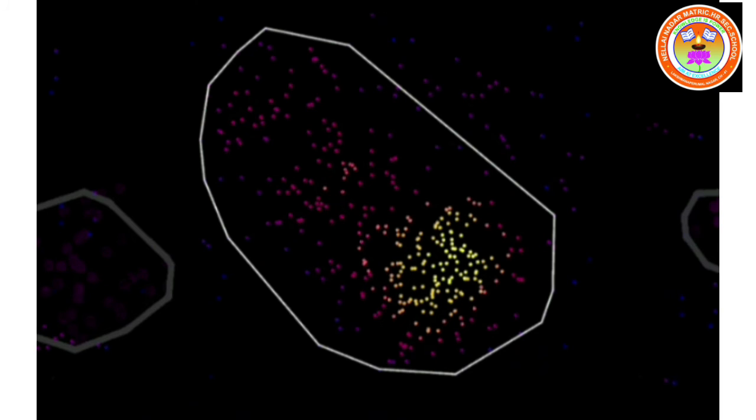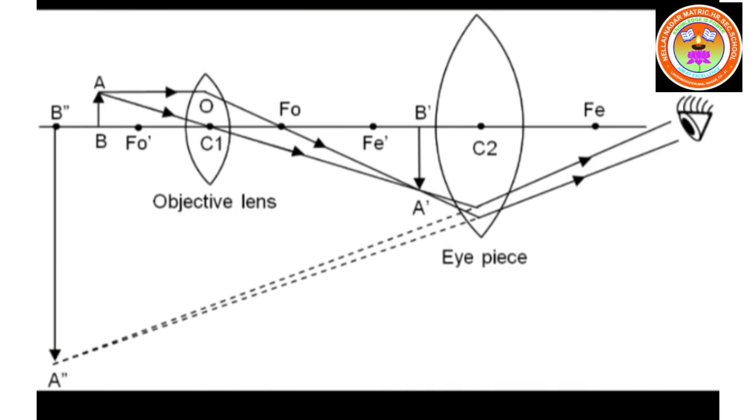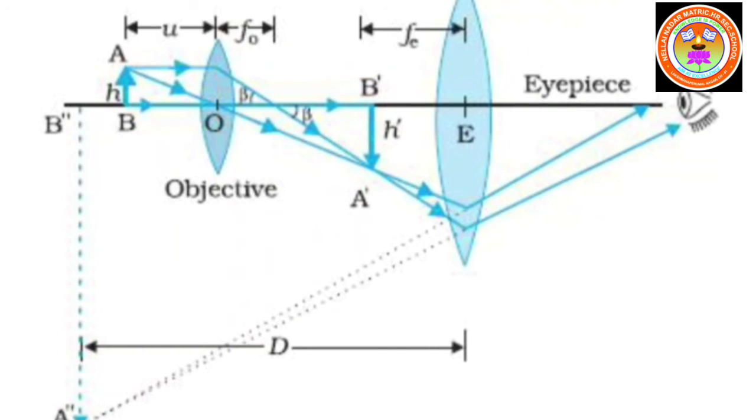Have you understood, students, about the microscope? Once again, look at the picture carefully. A and B is the original object, placed near the objective lens. The objective lens produces the image A dash B dash between the two lenses. That A dash B dash behaves like an object for the eyepiece.